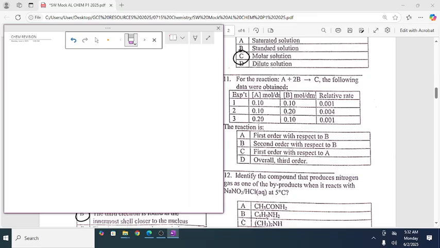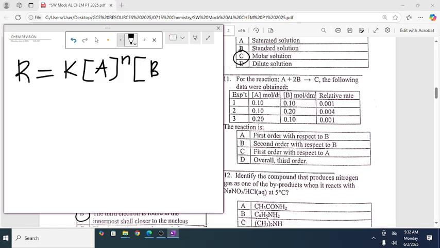We first of all have to write the rate law. The rate equation is the rate equal to the rate constant K times the concentration of the first reactant raised to its partial order times the concentration of the second reactant raised to its own partial order. The overall order of this reaction is the sum of the partial orders, so it is n plus m.